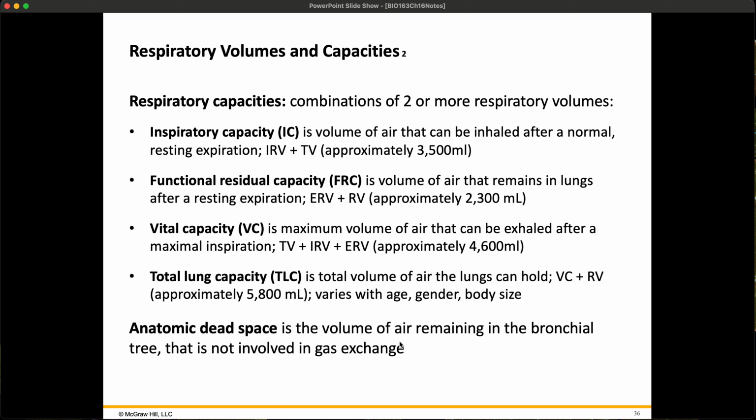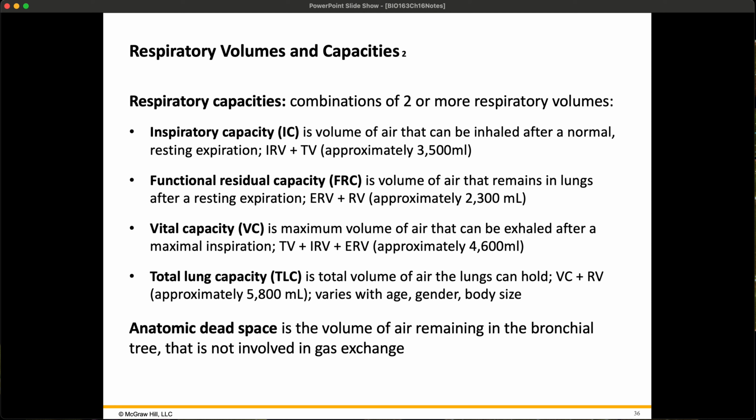This is a volume of air that's in the bronchial tree, not involved in gas exchange. When we're talking about breathing in and out, as you inhale, air comes down through the trachea and goes into the bronchial trees, but some of that air is going to stay in those bronchial trees. It'll push older air into the alveoli for gas exchange to occur, and then as you exhale, they might slide past each other.